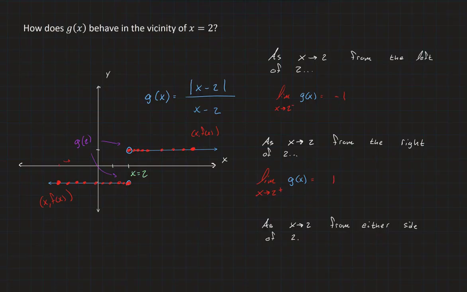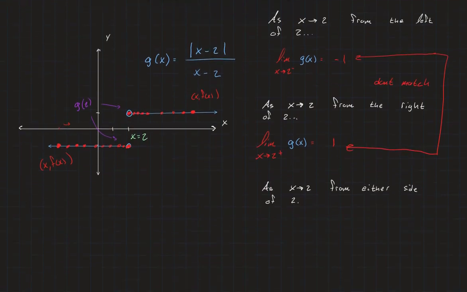This is interesting because these two things no longer match. In our last problem, these values were exactly the same. In this problem, they are not the same. I have a different left-handed limit than I have a right-handed limit.